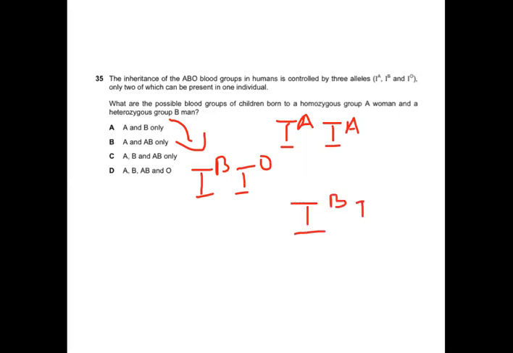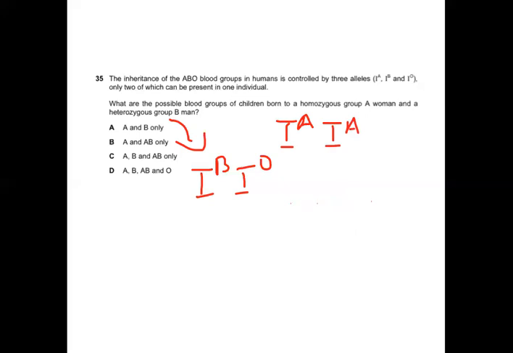Now, for a woman to be homozygous group A, that means that the genotype is IA IA, while for this man who is heterozygous group B it is IBIO. It cannot be IBIA for the group B man, because then the phenotype would be AB. The blood group would be AB. So that's why it is IBIO.